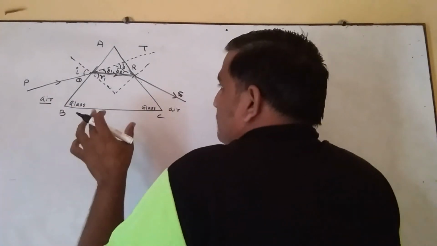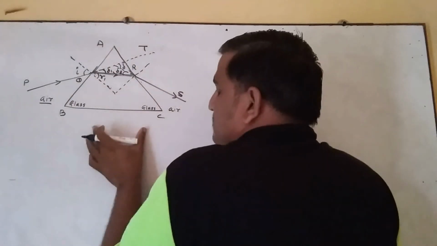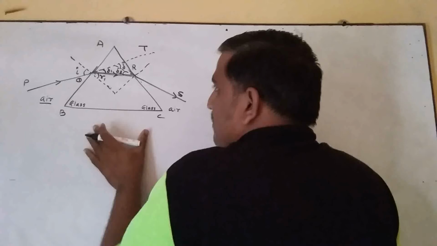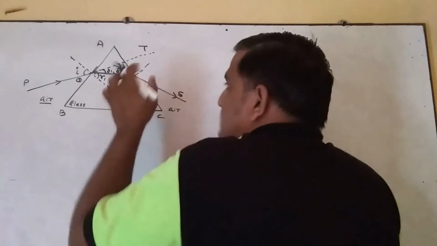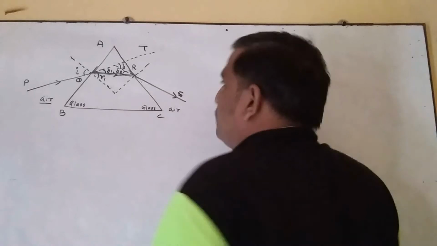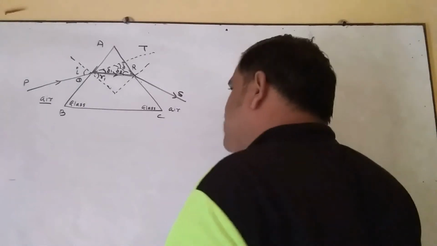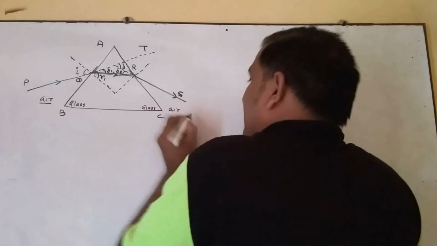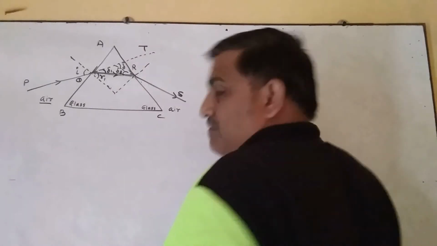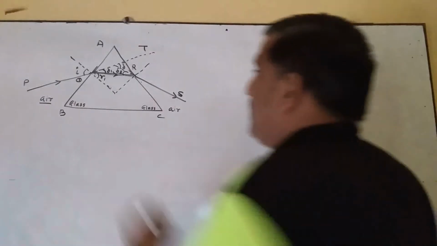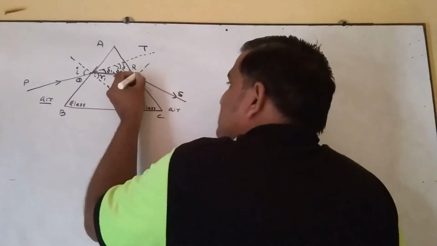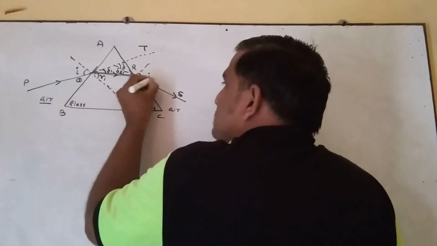After that, this refracted ray QR, which is seen here in the diagram parallel to the base of the prism, suffers refraction a second time and emerges out of the face AC from the glass prism to the air. So it bends away from the normal and is deviated by angle delta 2. Here it makes an angle of emergence, say I2.